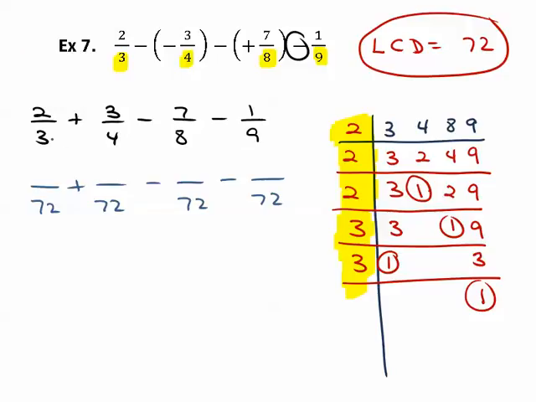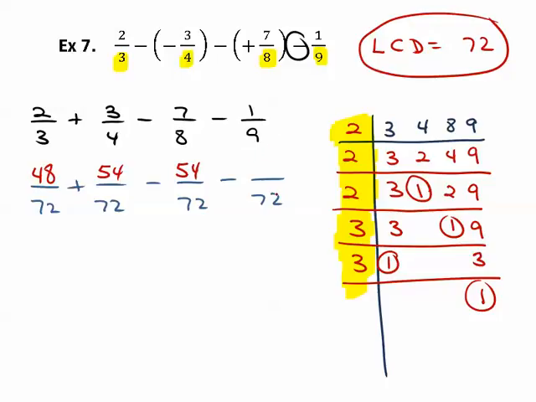So what we're going to do is divide. 3 goes into 72. That's going to be 24 times. So I need to take 24 times 2, which is 48. 4 goes into 72 18 times. 18 times 3 is 54. 8 goes into 72 9 times. 9 times 7 is not 54, it's 63. Sorry about that.